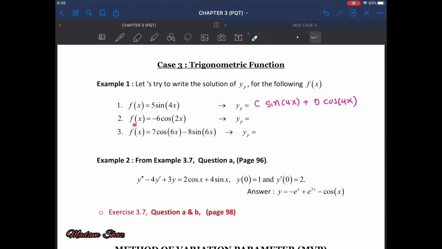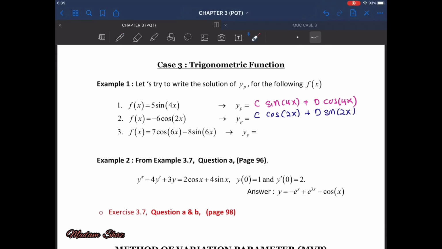For example 2, negative 6 cos 2x, we change the constant negative 6 to constant C. So your yp will become C cos 2x plus D sine 2x.